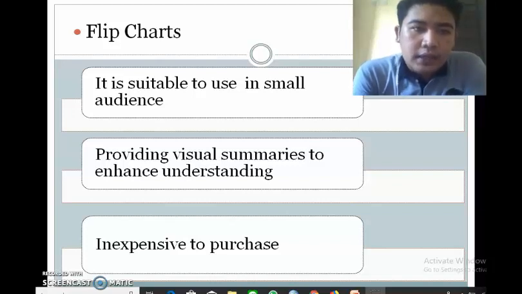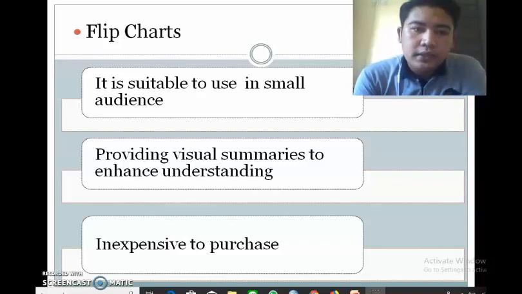And then the flip chart is expensive to purchase. So because this flip chart is used in the small room with small audience, the presenter will not cost a lot of money to bring this flip chart.